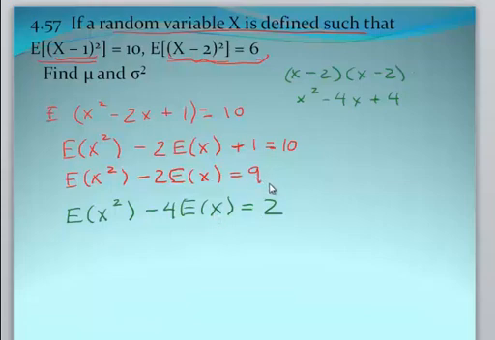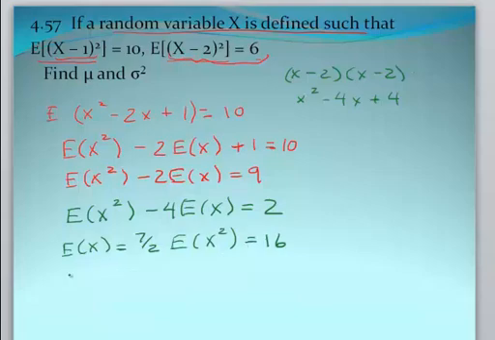Now we have two equations with two unknowns, and that allows us to figure out precisely what we need to know. If you solve away, you'll find that E of X is equal to 7 over 2, and E of X squared is equal to 16.